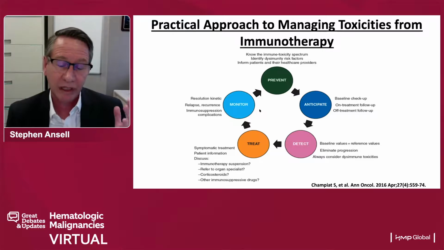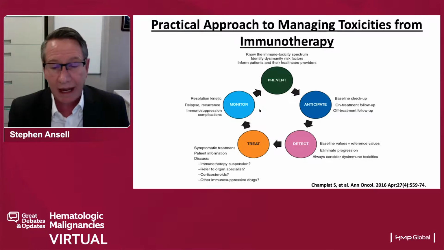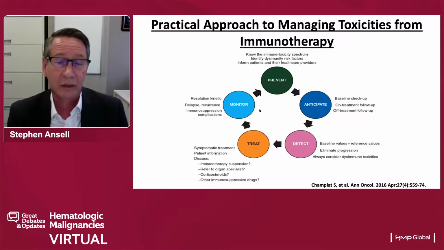Again, the comparison in the detection between the baseline and where we are in the disease course and the treatment course to be able to work out what of this is toxicity versus what of this is disease progression.